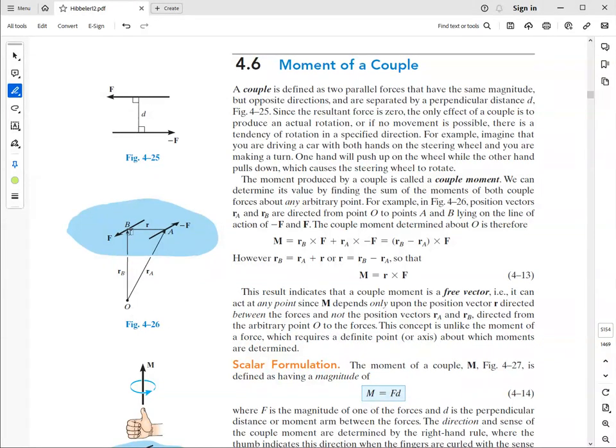If we evaluate the moment of the two forces about some point O, which is stated here, you cross rA with negative F and rB with positive F. Again, these are vectors, as boldface means vectors. We can factor F, and what's to the left of the cross product is actually going to be this vector r that connects two points on the lines of action of the two parallel forces.